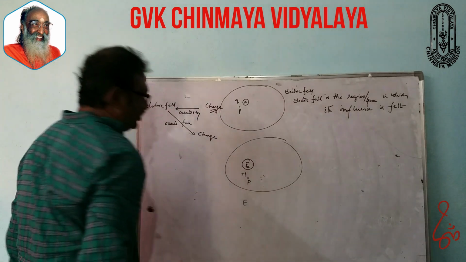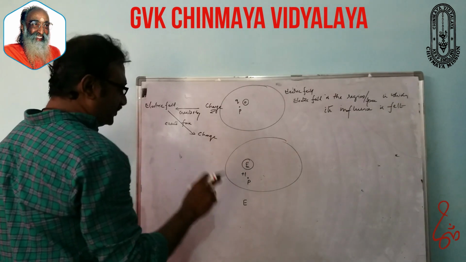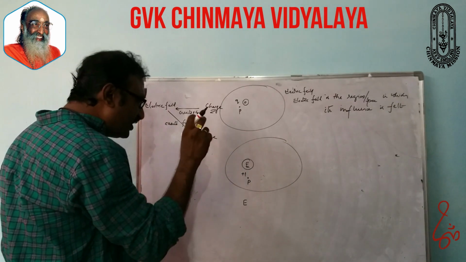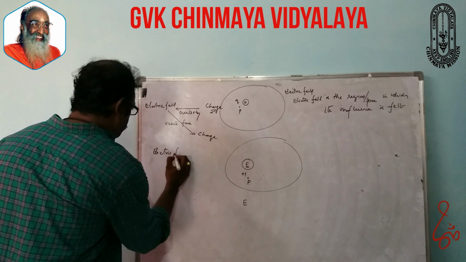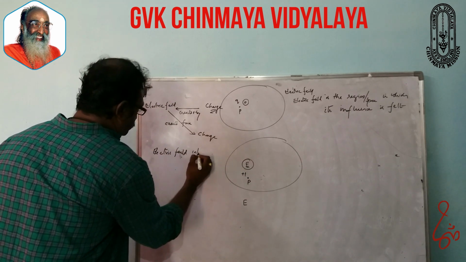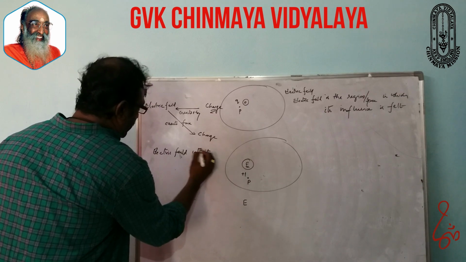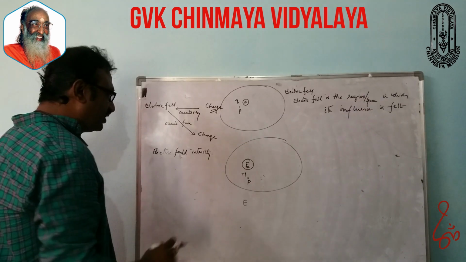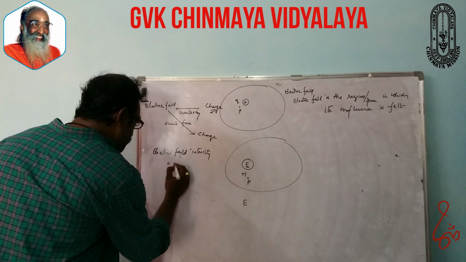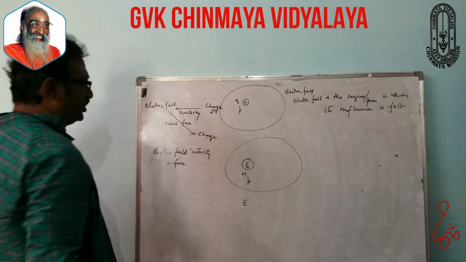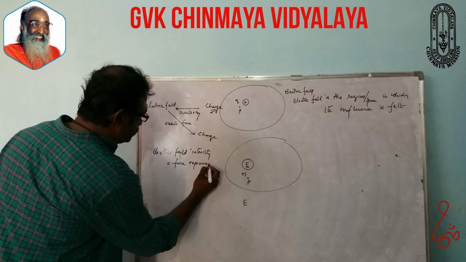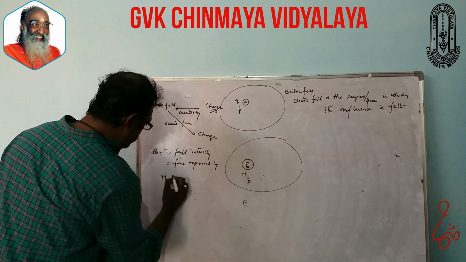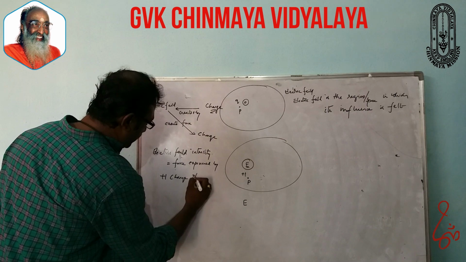And here comes a new term, electric field intensity. What is this electric field intensity? It is nothing but the force experienced by a unit positive charge placed at a point.